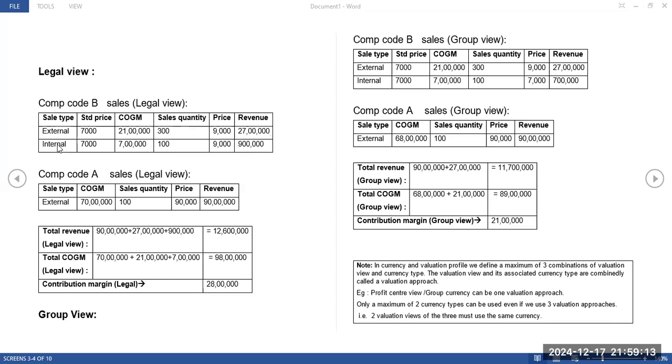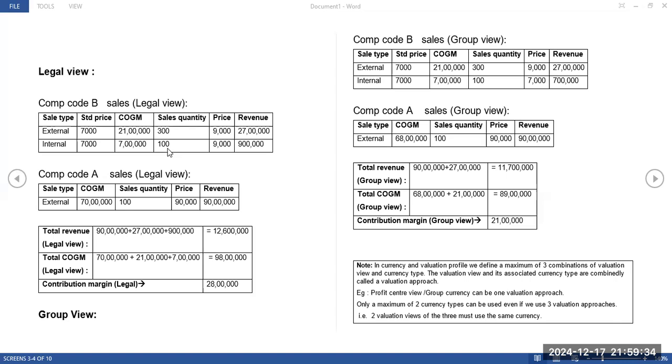If the sales type is internal, then the standard price is 7,000, the market price is 9,000, the units being sold are 100, and the cost of goods manufactured is 0.7 million.